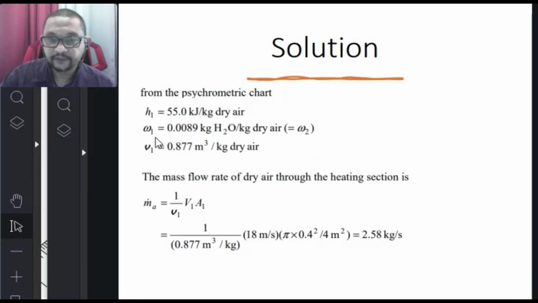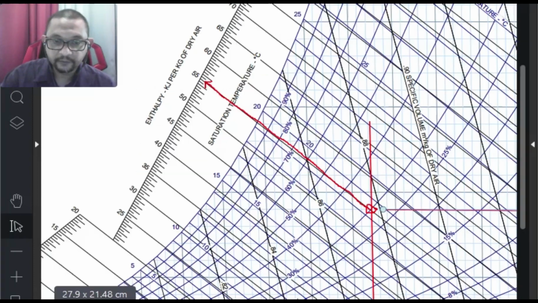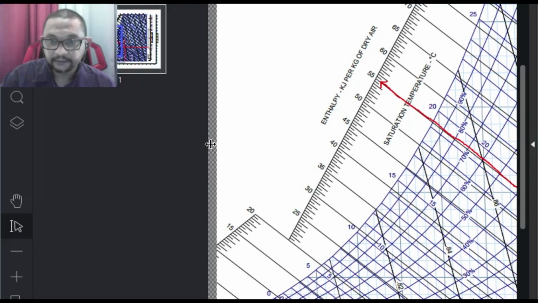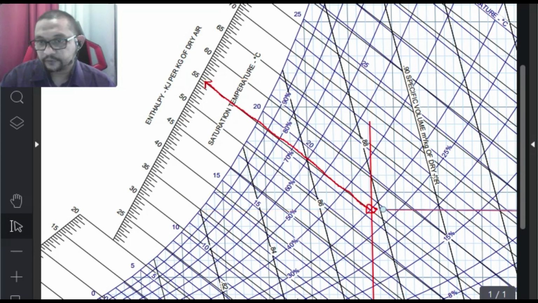Omega, or specific humidity, is 0.009 kilogram water per kilogram dry air, and it is equal to omega 2 because the cooling process occurs at constant omega. And the specific volume is 0.8. How do I get that from here?